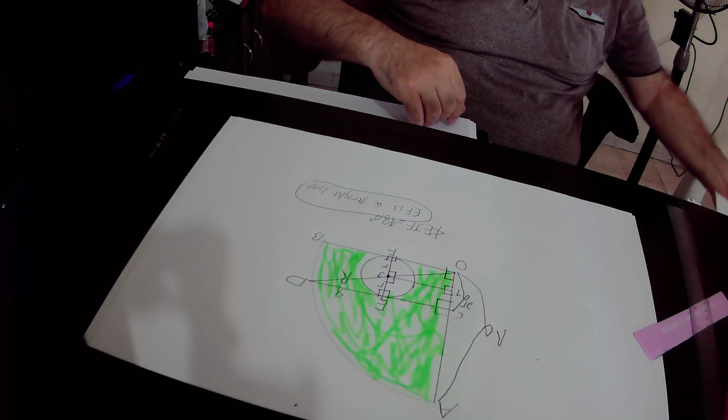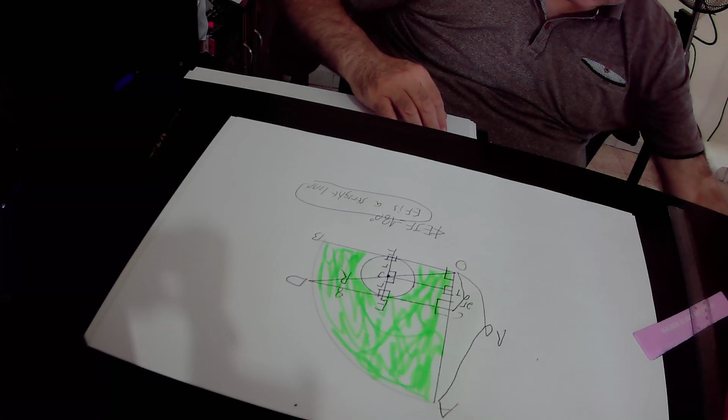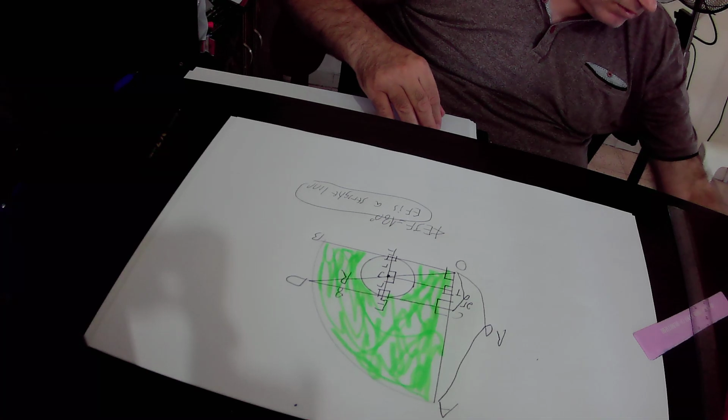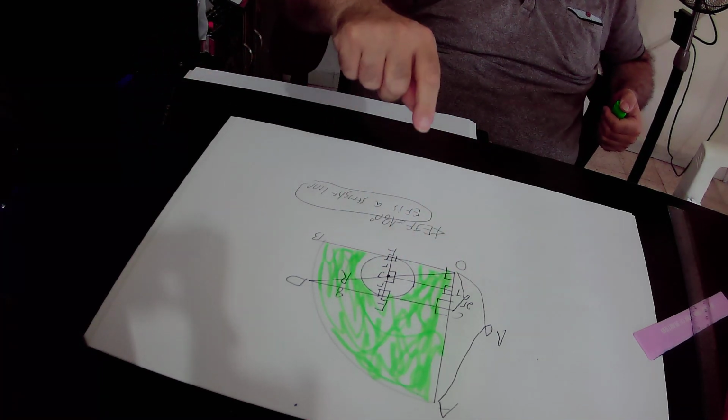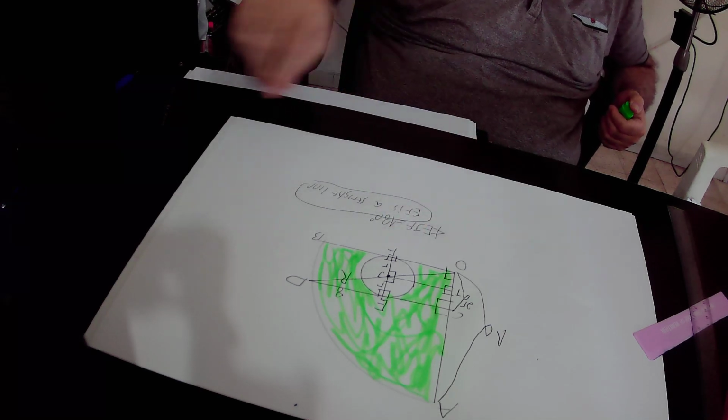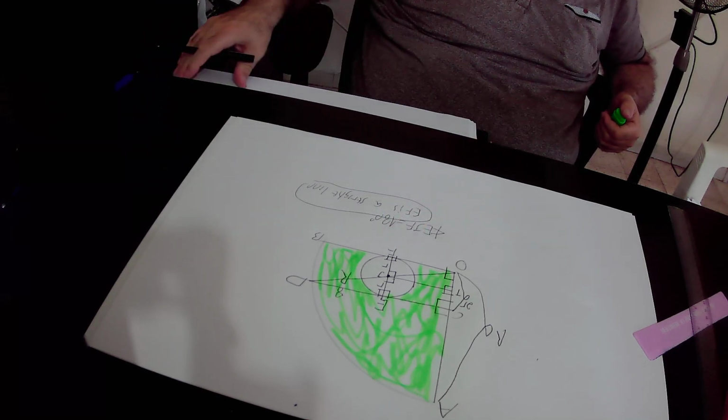What is the area of the green shape? The area of the green shape is equal to the area of the quarter circle minus the area of the small circle. So I write it down.